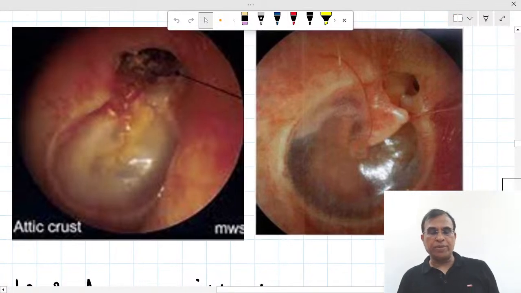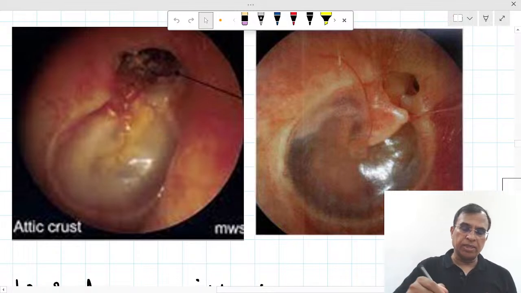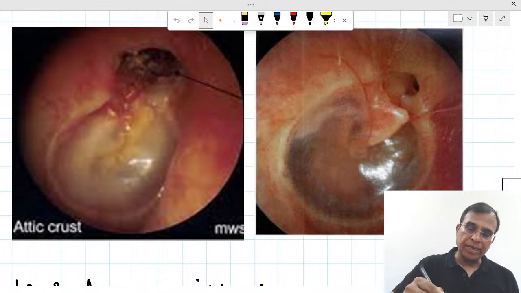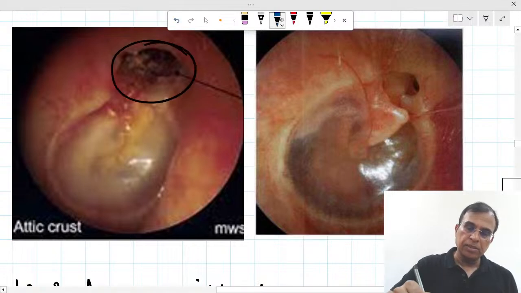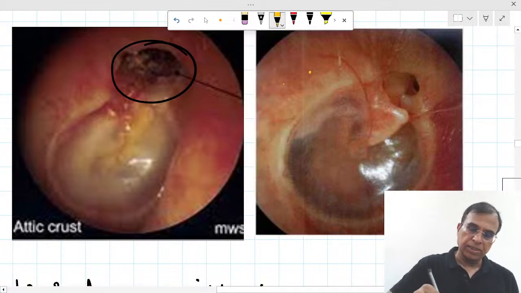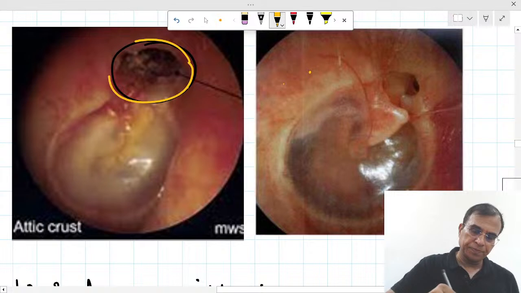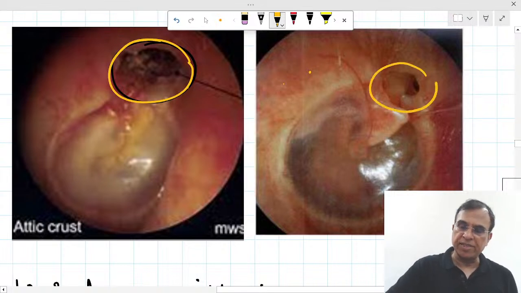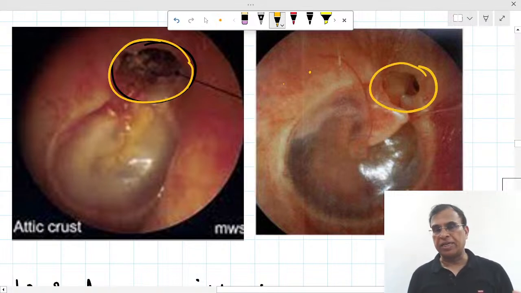If you look at these two images, they both have some problem in the pars flaccida. This is pars flaccida, and this is also pars flaccida. They have something in the pars flaccida.